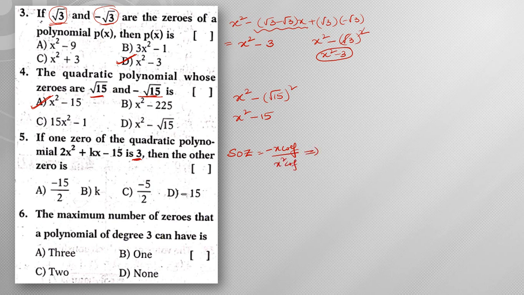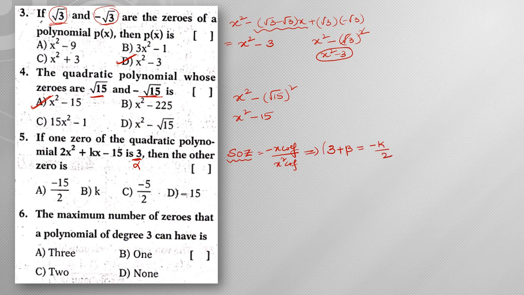So the sum of zeros is alpha plus beta. Already one of the zeros is 3. So if you consider this zero as 3, then the other zero will be beta. So 3 plus beta is equal to minus k by 2, right?